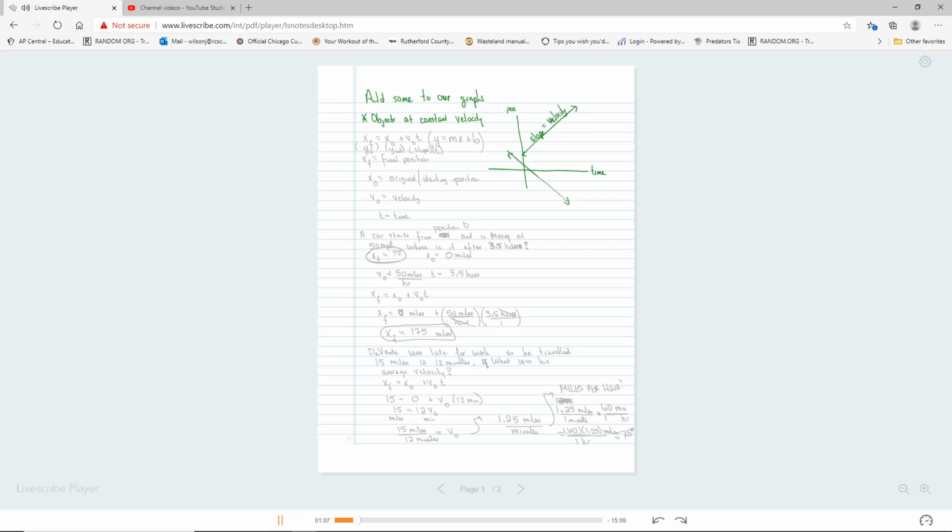So if I've got a positive slope, I'm moving forward, or I'm moving to the right, or I'm moving up. If I have a negative slope, then I would be moving down or to the left or backwards. Okay, so your slope equals your velocity.